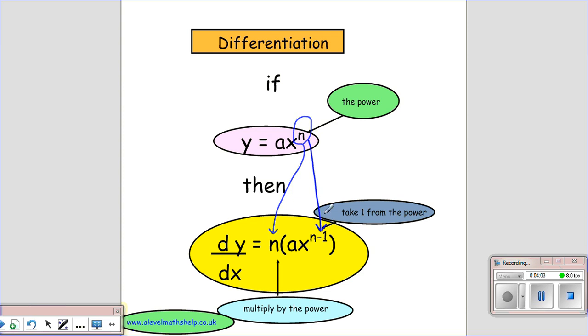So I'll say it again. You take the power and you multiply by the power, and then you take 1 from the power, gives us the new power. And of course, if a is 1, then we just have the power times x to n minus 1. And then if this, say, was 2 and the power had been 3, we'd have 2 times 3, which would give you 6.